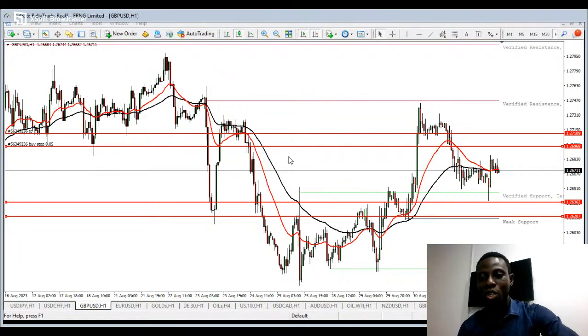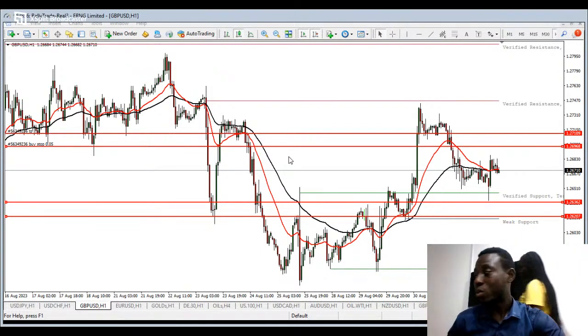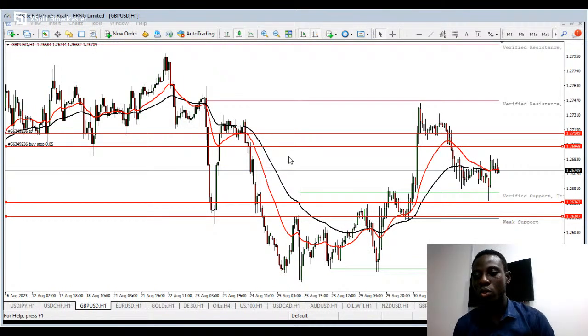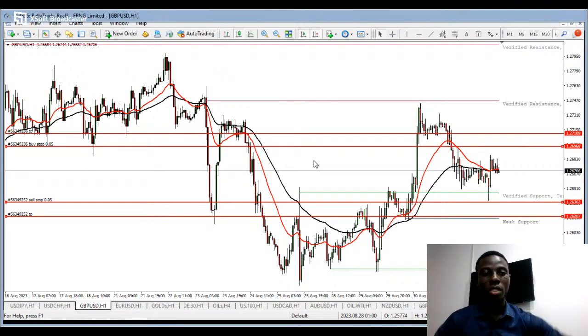Then my sell stop for GBPUSD, entry price 1.26362, then my take profit at 1.26207. Okay, I think we are good, right? All right, then place. The next instrument is EURUSD.